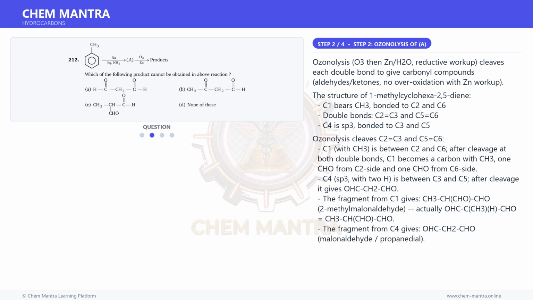After cleavage it gives OHC-CH2-CHO. The fragment from C1 gives CH3-CH(CHO)2, methylmalonaldehyde. The fragment from C4 gives OHC-CH2-CHO, malonaldehyde, propanedial.